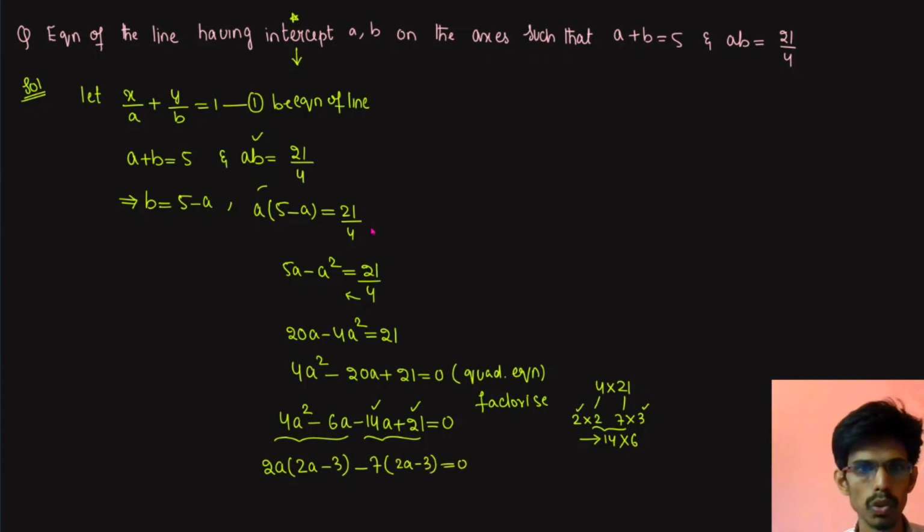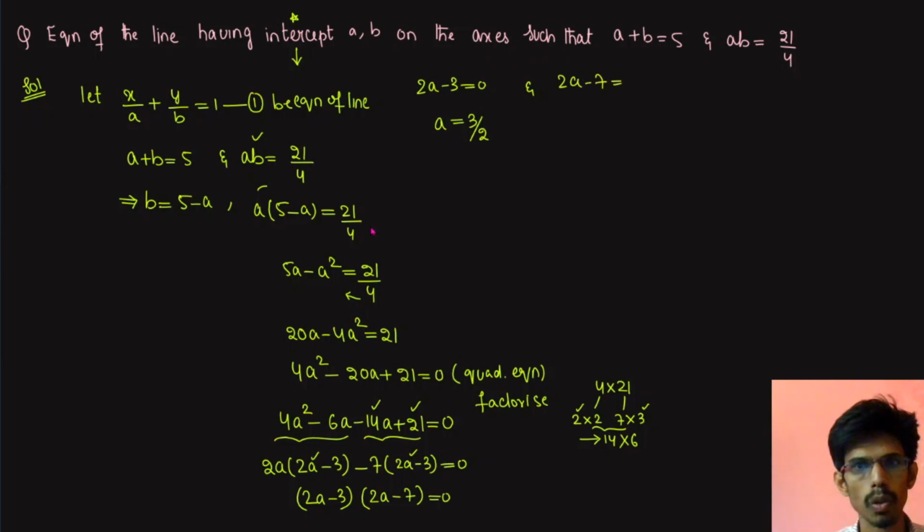So 2a minus 3 is common, take it common, we are left with 2a minus 7 equal to 0. Now equate these two factors to 0. 2a minus 3 equal to 0, a will be 3 by 2, and 2a minus 7 is equal to 0, a will be 7 by 2.